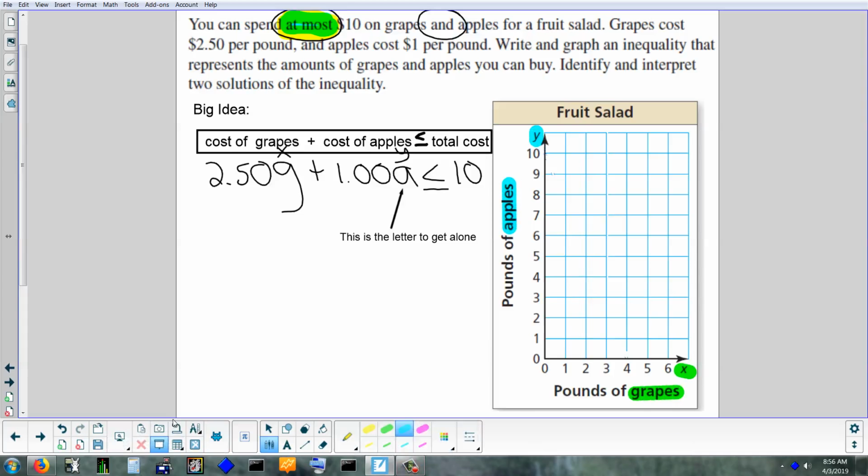Nicole, do you know? Subtract 2.50G. Minus 2.50G on the other side. I didn't multiply or divide by a negative, so my sign doesn't flip. On the left-hand side this cancels out. What's going to be left? 1A.